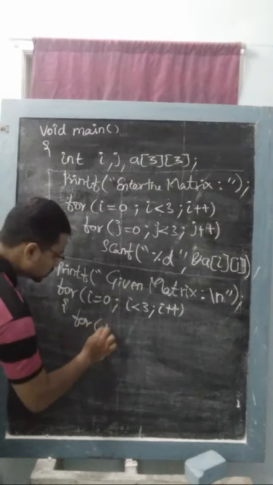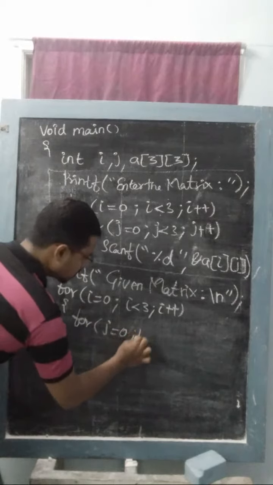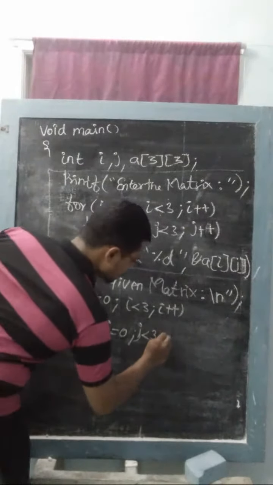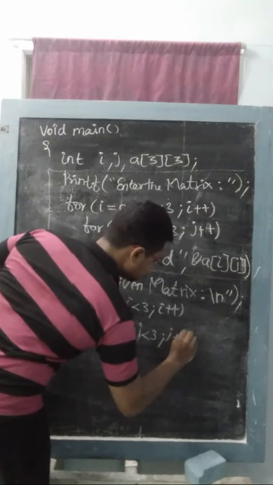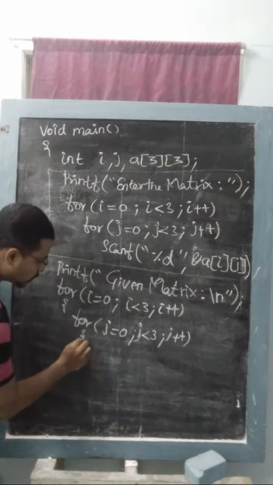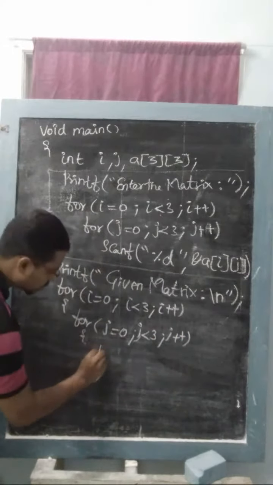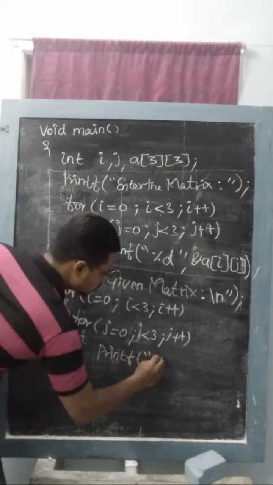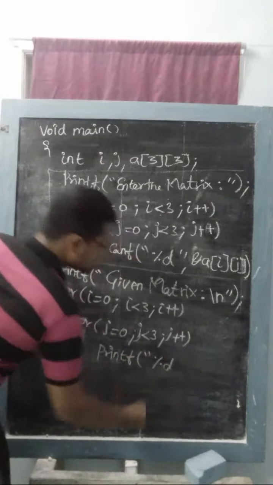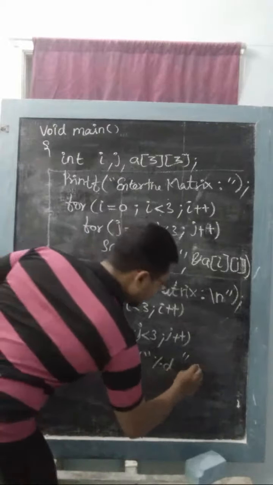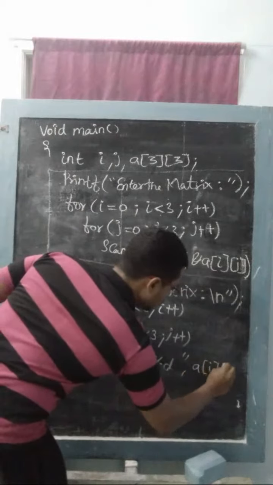Now j equal to 0, j less than 3, and j plus plus. Now the j loop consists of one printf statement. We are going to print the entire matrix, so %d, and then we print the value of a of i of j.